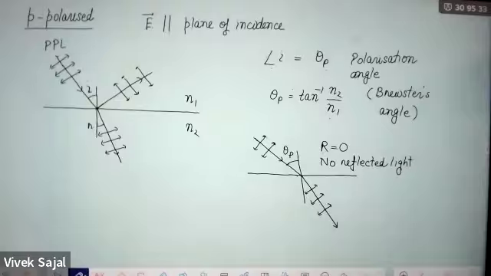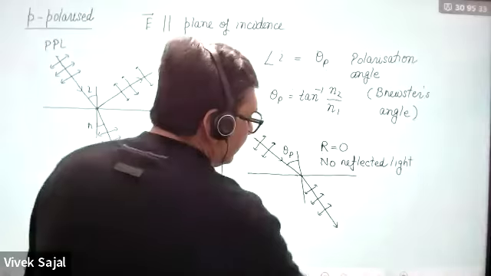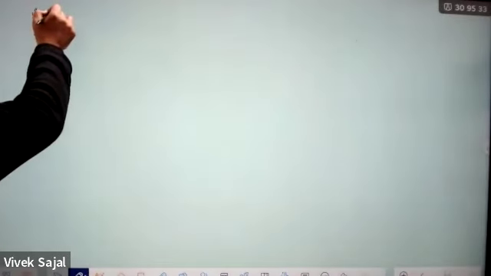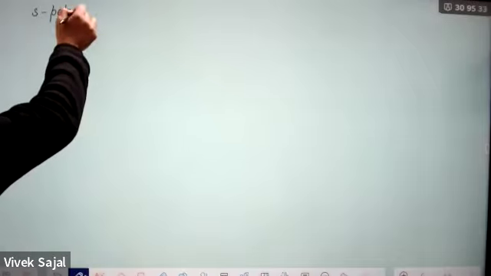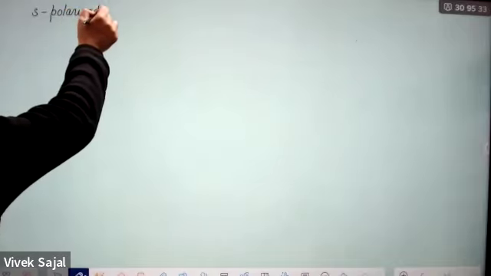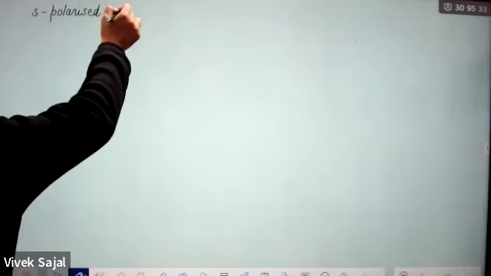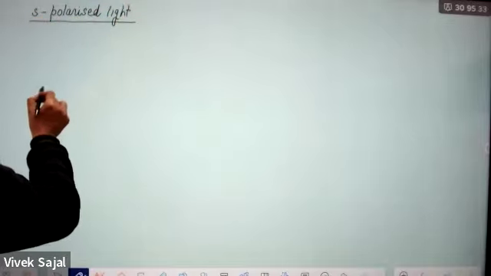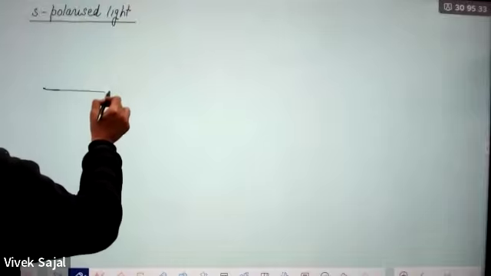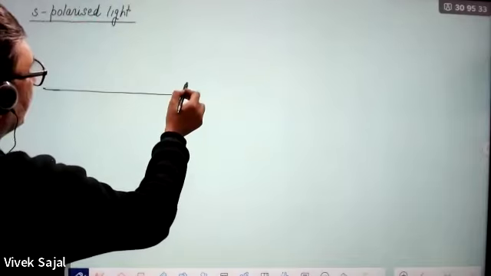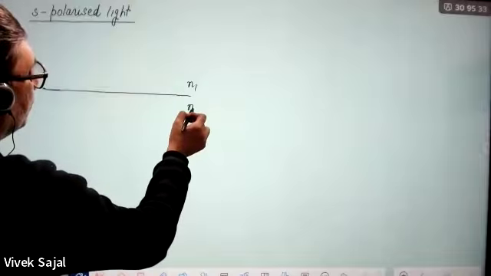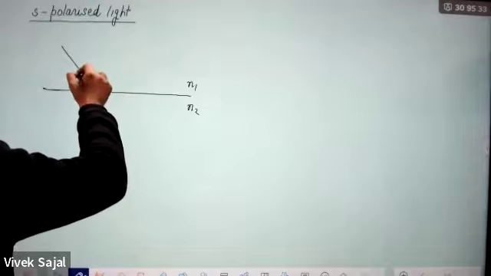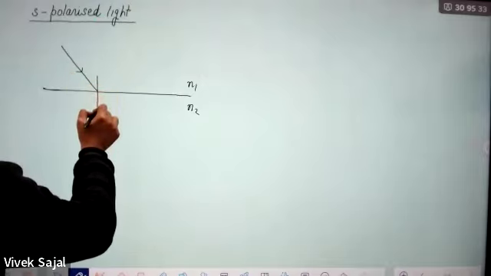Next is s-polarized light. So here, this is the interface between two media n1 and n2. Light is incident like this. This is the normal.